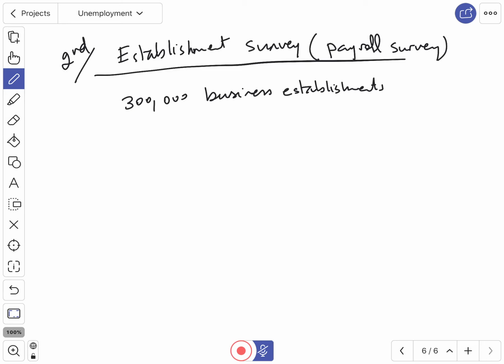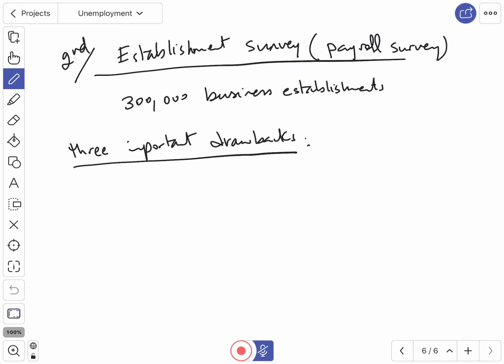So there are three important drawbacks of this method as compared to the household survey. The first thing is, if I have someone who is self-employed, this person is not included, right?